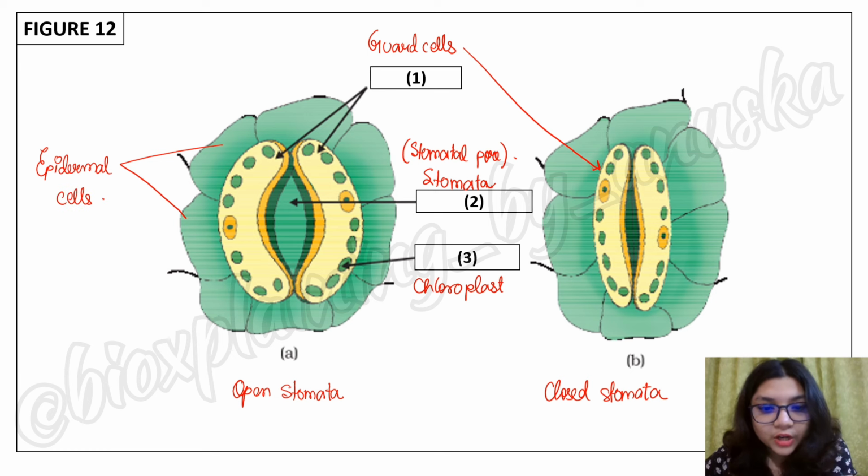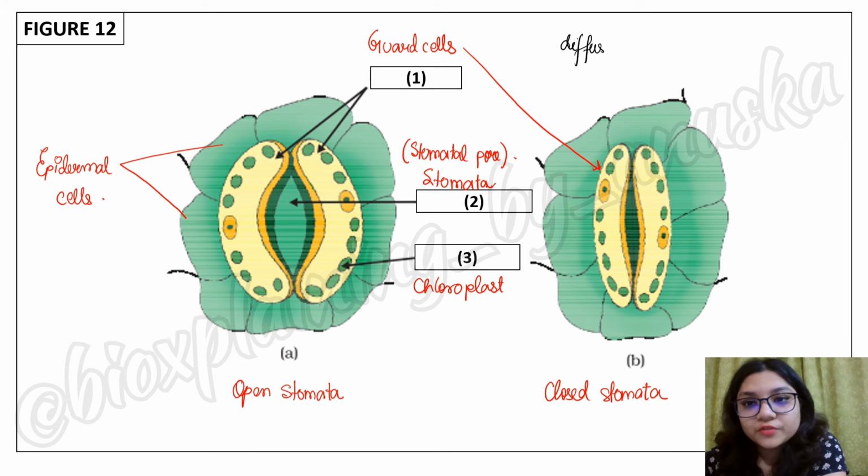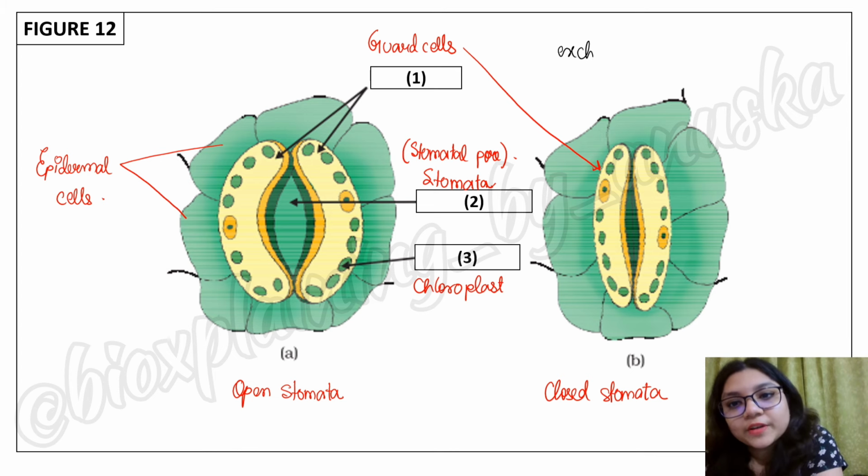Okay. So functionally, what is the importance of stomata? Stomata will help in the diffusion of gases, or in simple words, I can say that this helps in the exchange of gases. Exchange of gases.